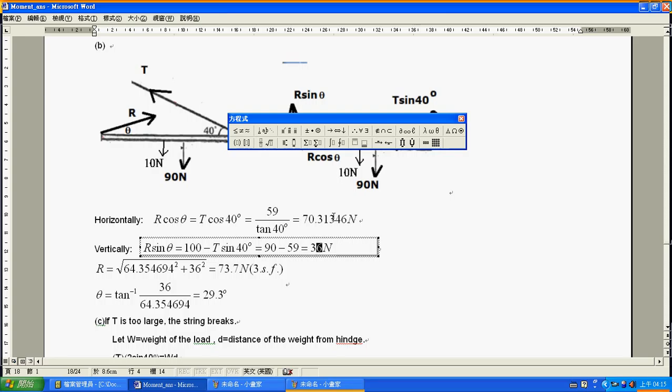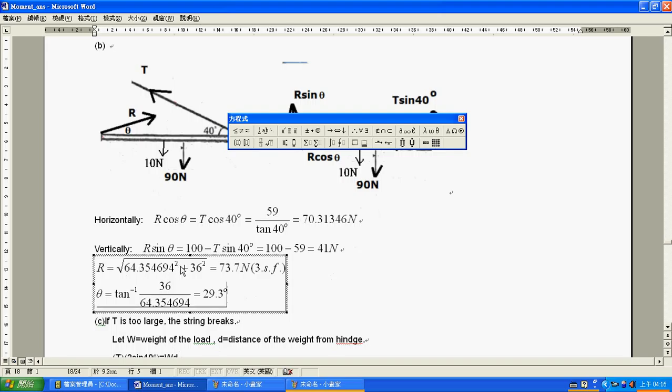It's only 31 newtons. Because tension is larger. No, it's 100. 100 minus 59. It's 41. So it's 41.